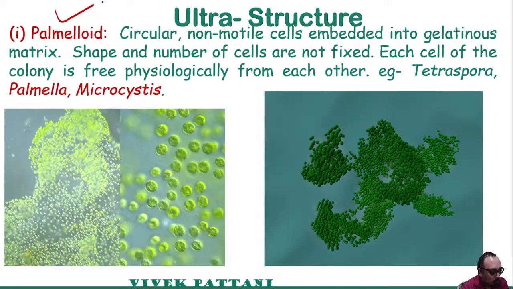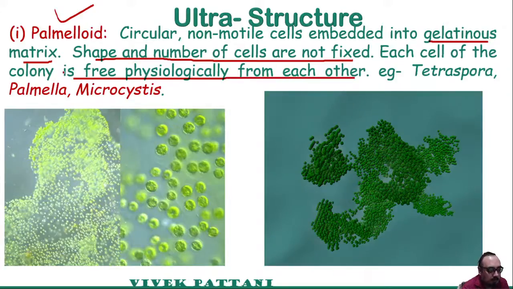What do you mean by palmelloid type? Circular non-motile cells embedded in a gelatinous matrix. The shape and the number of cells are not fixed in a particular colony, and each cell of a colony is free physiologically from the others.